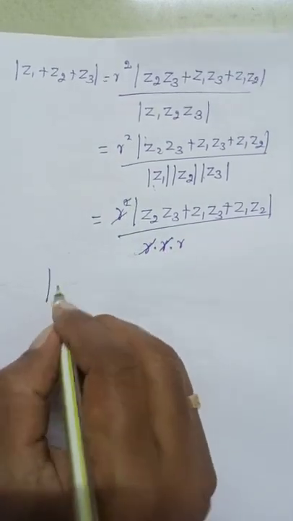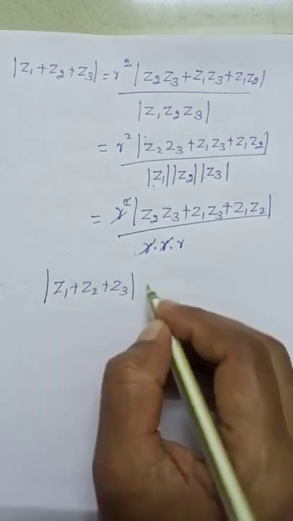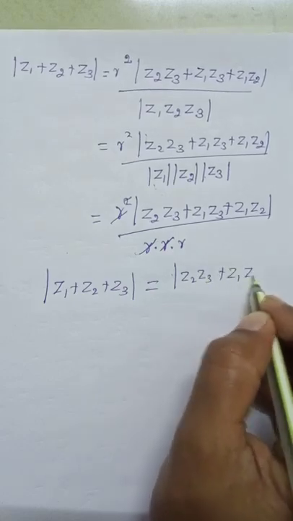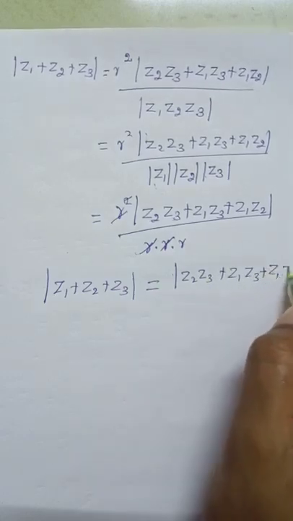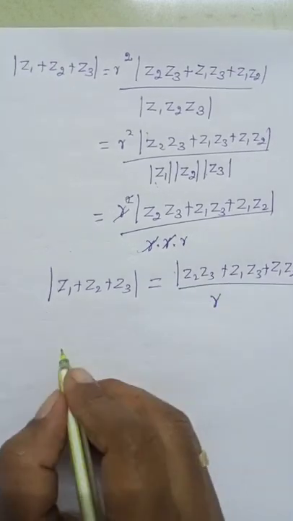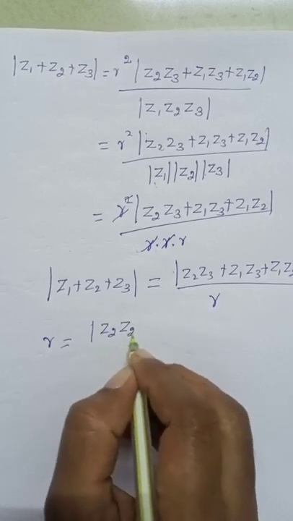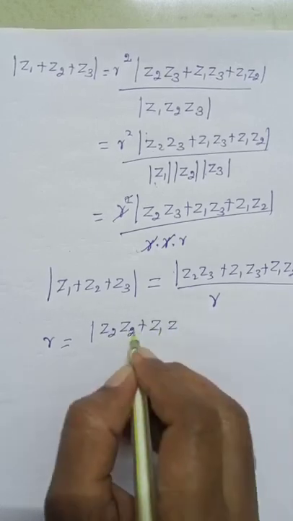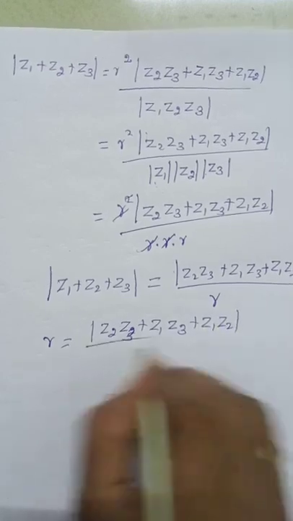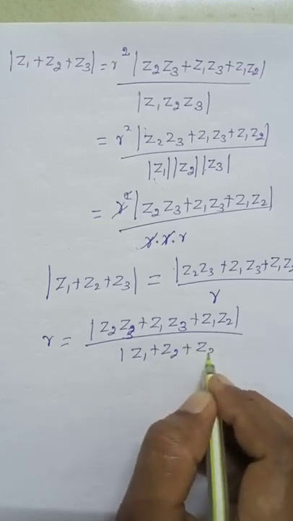Now, the left hand side actually we have modulus Z1 plus Z2 plus Z3, which is equal to modulus Z2 Z3 plus Z1 Z3 plus Z1 Z2 divided by R. Just cross multiply, we may get R is equal to modulus Z2 Z3 plus Z1 Z3 plus Z1 Z2 divided by modulus Z1 plus Z2 plus Z3.